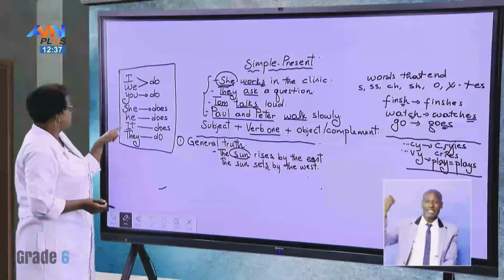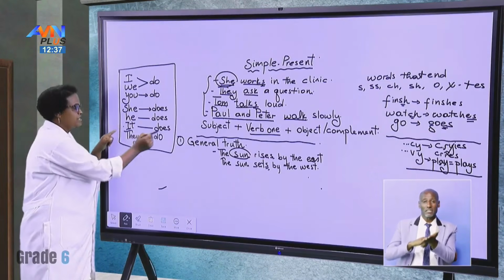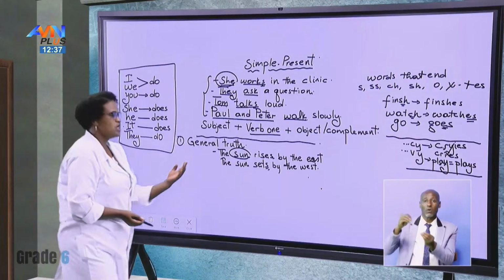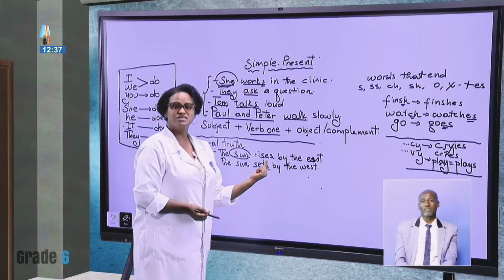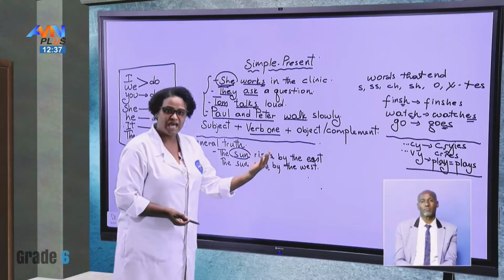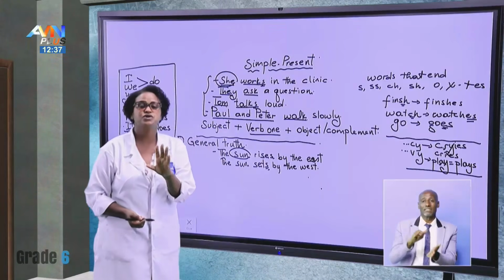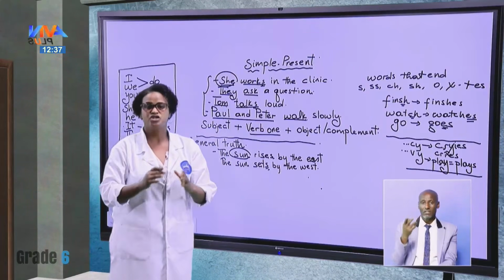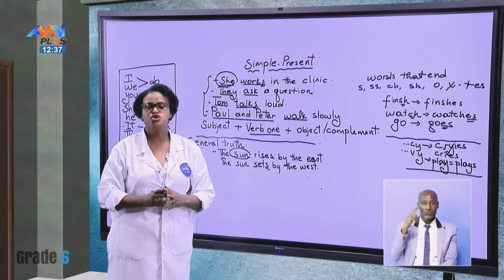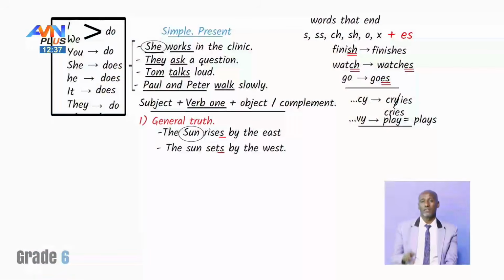In pronoun, it is replaced by it. We said it needs to add S. So, the sun, instead of rise, rises. The sun, instead of set, we say what? Sets. That is the first purpose of simple present for general truth. I'm sure you can give a lot of examples with this one. Let's go to the next one.